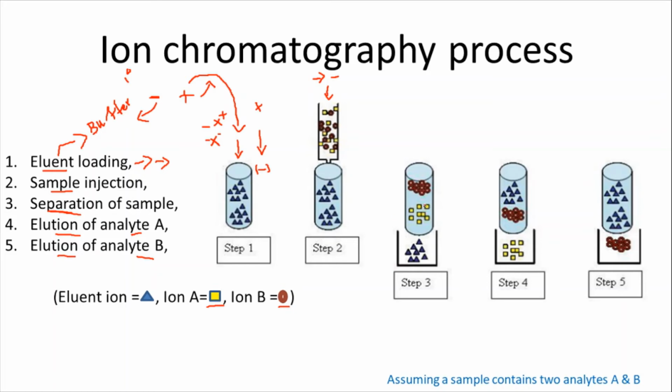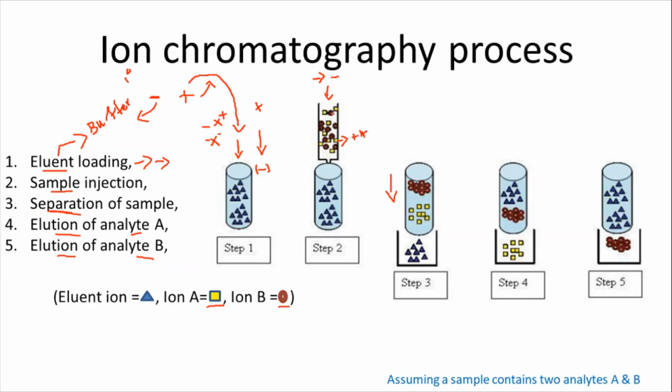How the separation is achieved is more important. Already the eluent ions are bound on the surface of the column stationary phase. Consider sample A has a small amount of positive charge.